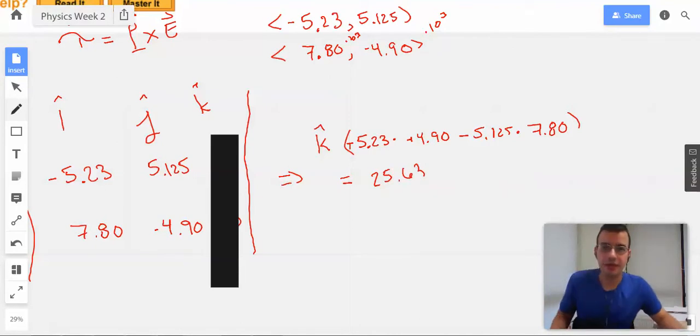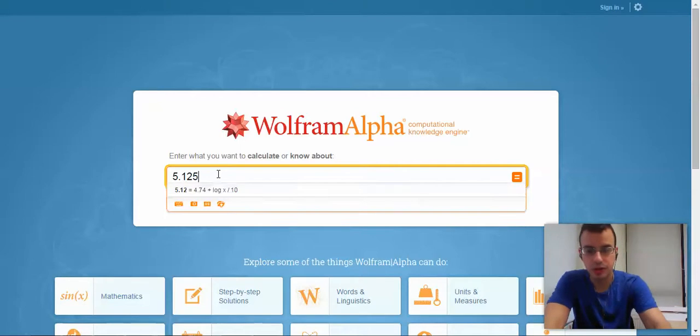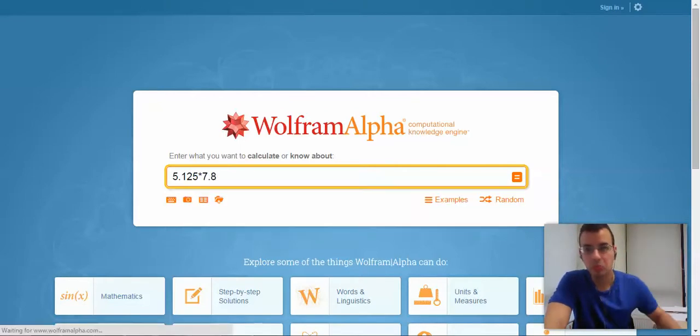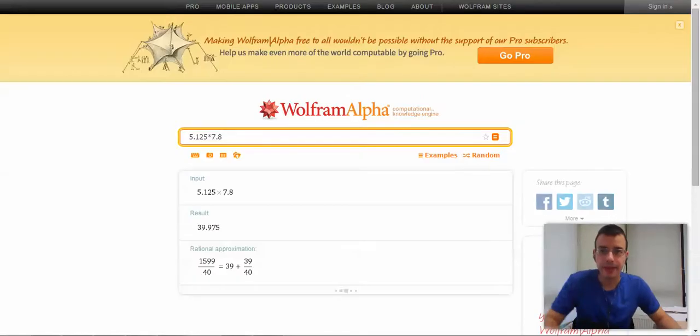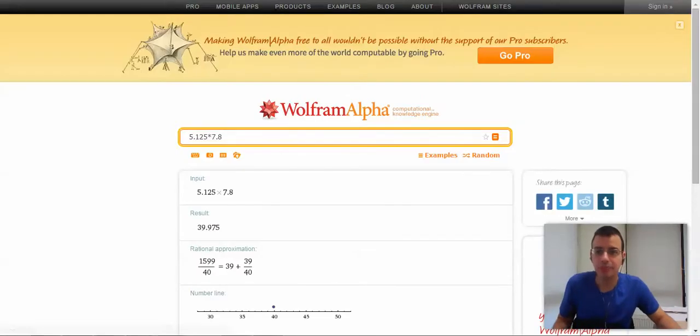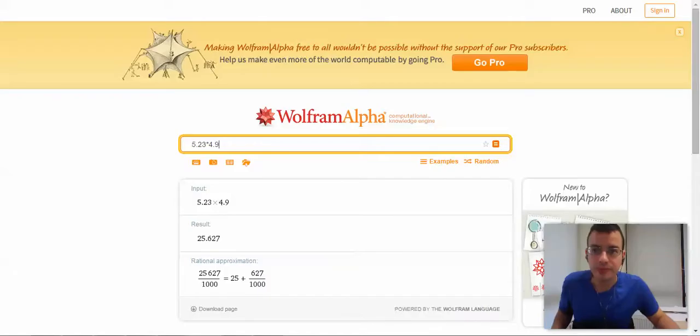And then I think I'll use another Wolfram window, 5.125 times 7.8. Yep. And that gives us 39.98. Minus 39.98. All right? Subtract one from the other.